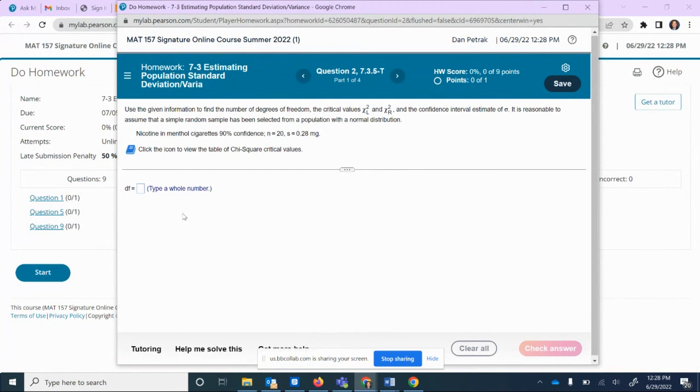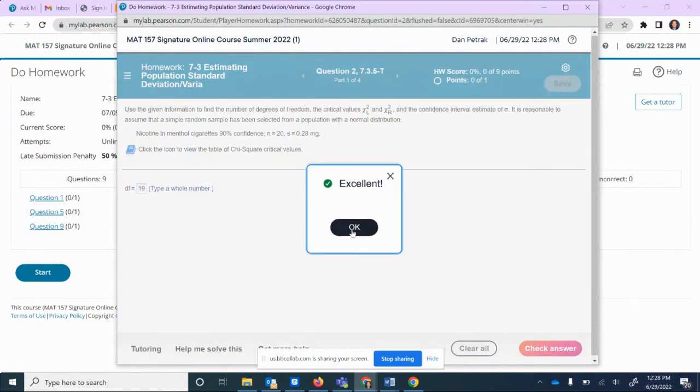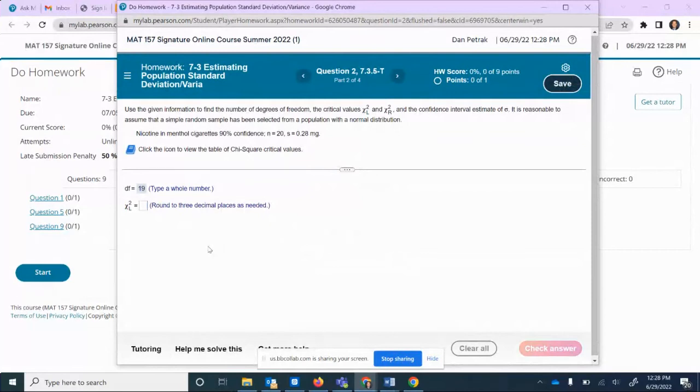So the degrees of freedom is just going to be N minus 1, right? So that's going to be 19. And the chi-squared left and chi-squared right. So exactly what we're doing with that calculator, we're going to type in 19 for the degrees of freedom, and we're going to type 90%, and it should give us the chi-squared left and right.